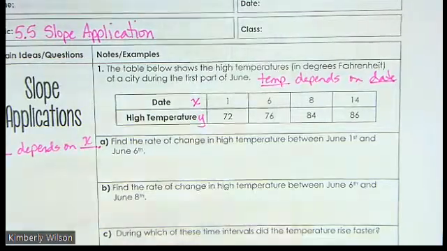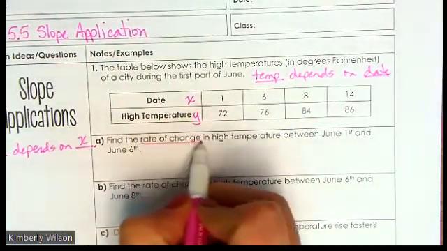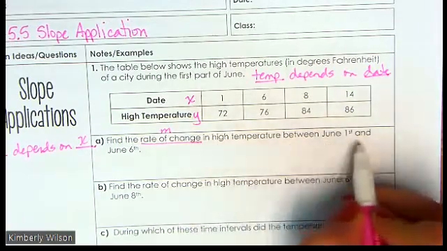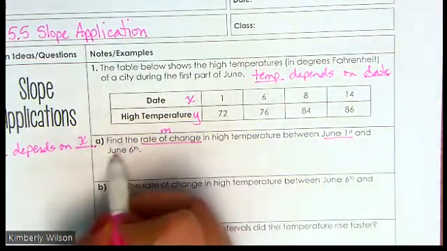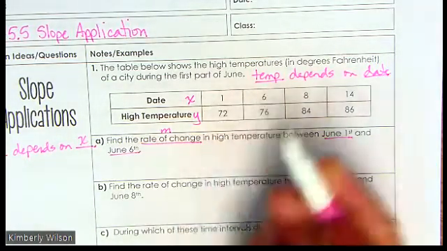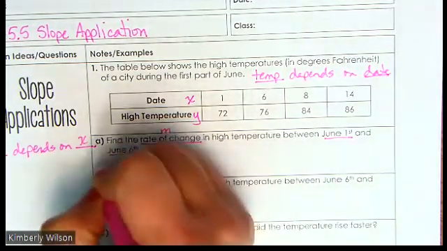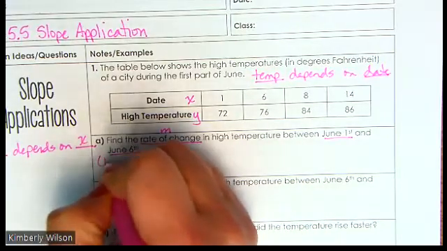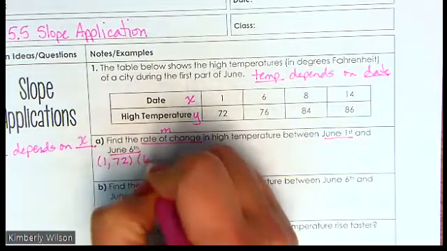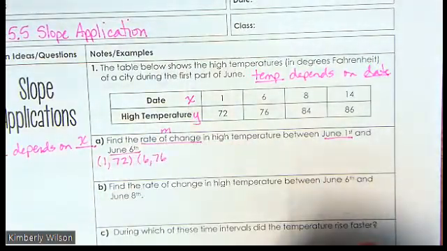Okay, so it says to find the rate of change, which means the slope, in the high temperatures between June 1st and June 6th. So that means it's between these 2 points. So I'm going to write down those ordered pairs. So we have (1,72) and (6,76).